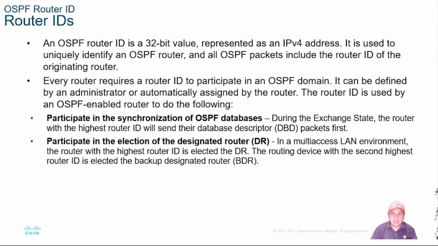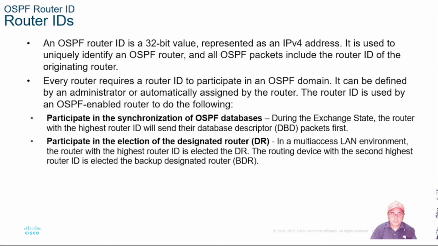The second highest router ID will be assigned as the backup designated router, or BDR. The DR collects all the updates and distributes them among the routers participating in the OSPF routing domain.